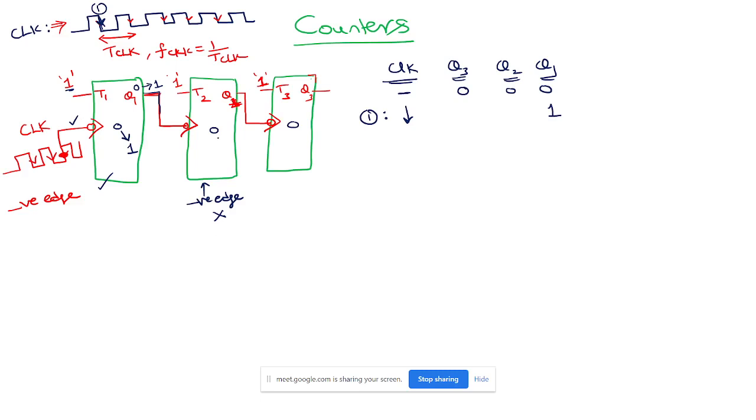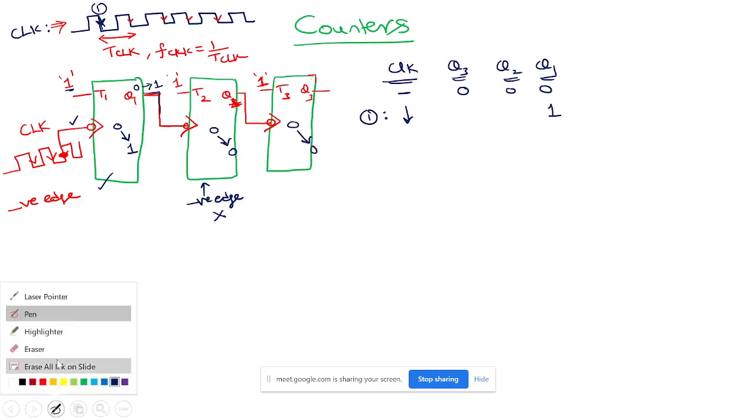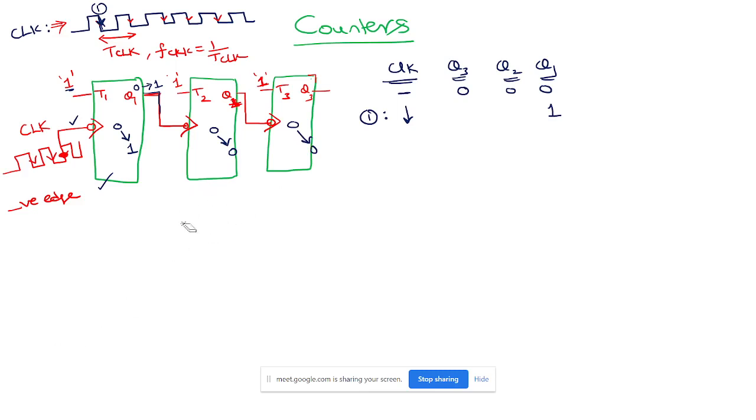Because of that, 0 will remain 0. Now 0 to 0 is no edge, only a level, so this will also become 0. So Q2 will be 0, Q3 will also be 0.